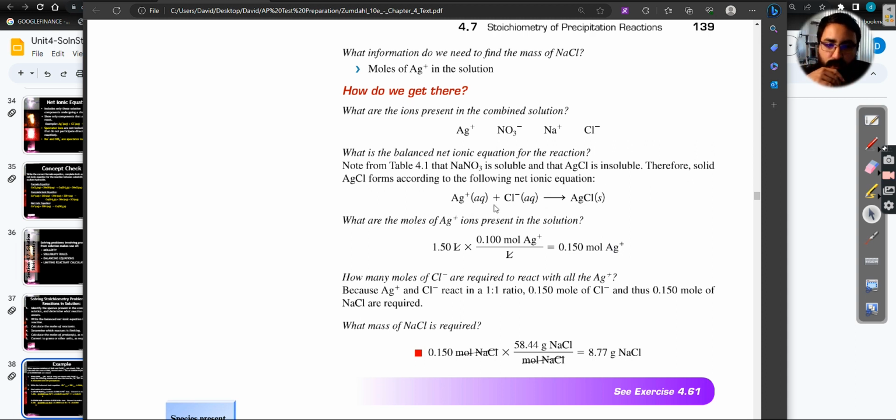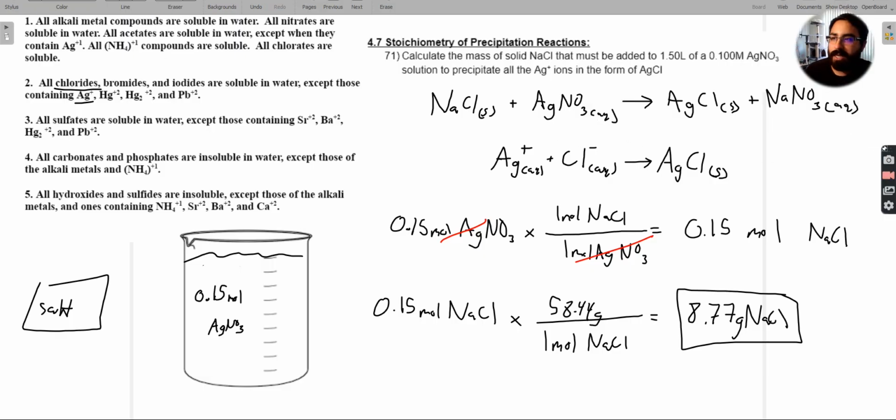For example, they broke it apart to AgCl. They figured out moles of Ag+. I didn't have to, because I realized that the relationship between AgNO3 and NaCl, we could have just used that. You could go from Ag+ to Cl- to NaCl, but to me, I think it's kind of pointless doing that. So always be mindful of that.